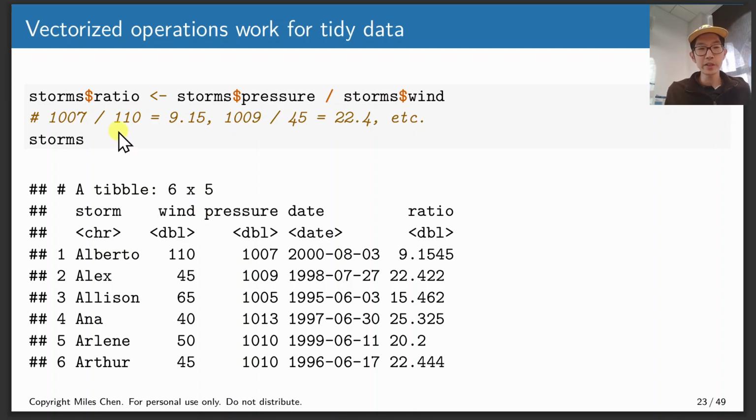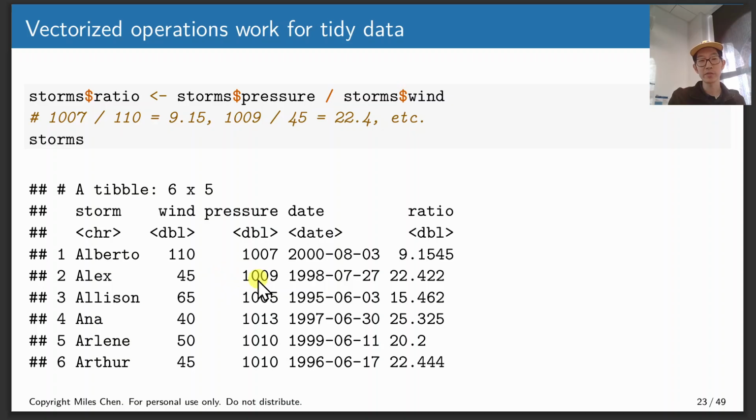So if I wanted to calculate something like the ratio between pressure and wind speed, I don't know if that means anything, okay? But if I wanted to do something like this, if I wanted to do 1007 divided by 110, all I have to do is define the new column, $ratio, as storms$pressure divided by storms$wind, and R will automatically do row-wise operations, okay?